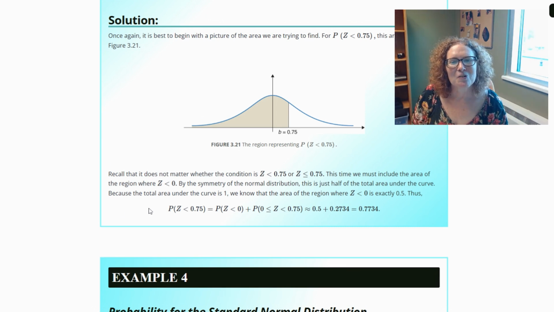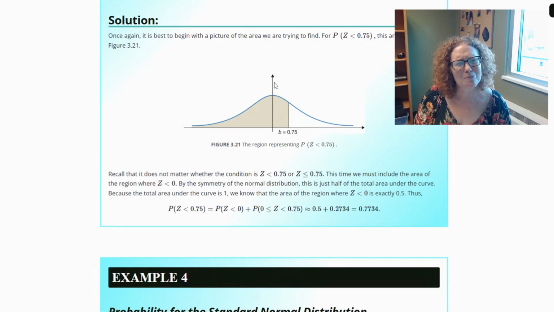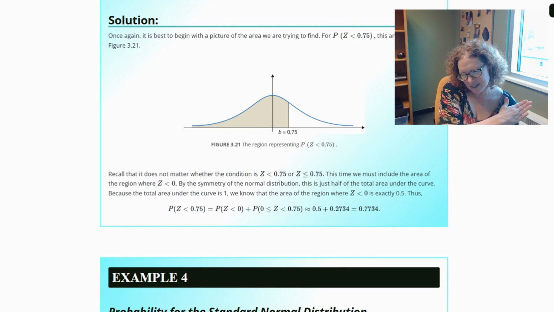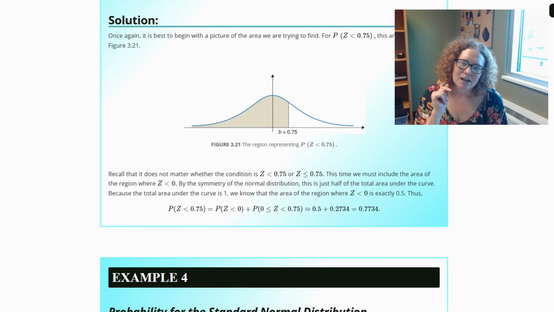But we can think about the fact that the amount between right here and right here is 0.5, right? So we don't need to worry about that portion. All we really need to know is this portion right here when we look at the normal probability distribution table, or the Z table, and we add that 0.5, which gives you the amount from the mean to the left, and then add on the 0.75.